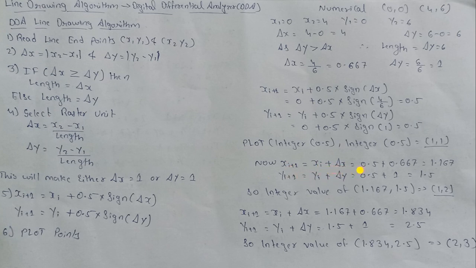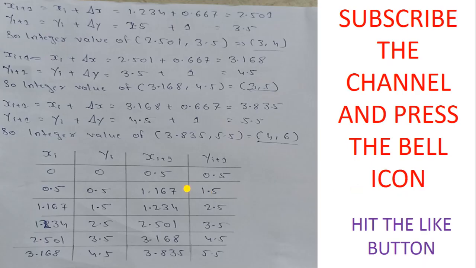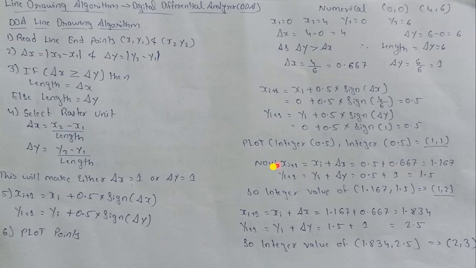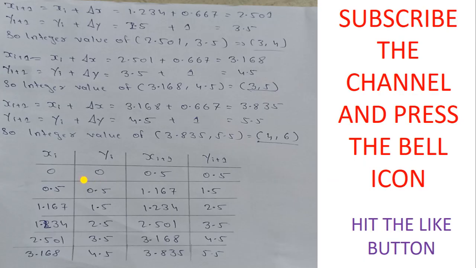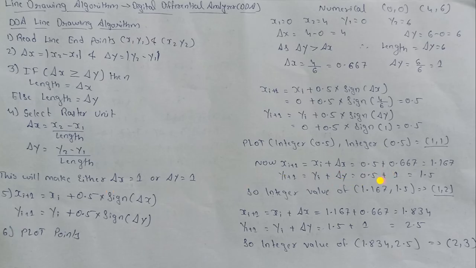Okay, xi value is 0.5, plus delta x value, which is 0.667. If we add up we get 1.167, so I put 1.167 in the xi plus 1 value. Similarly for yi plus 1, we have the 0.5 value plus delta y, which is 1, so after adding this we get 1.5.